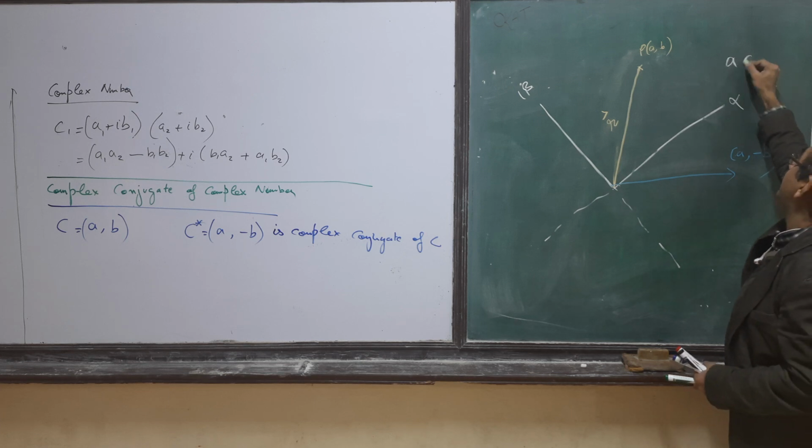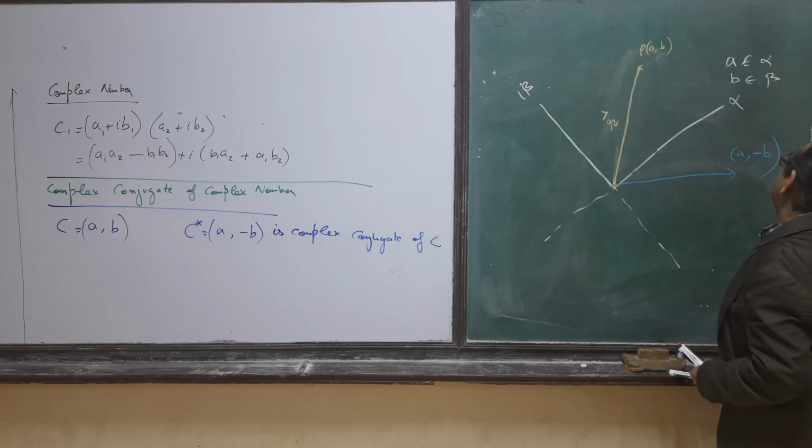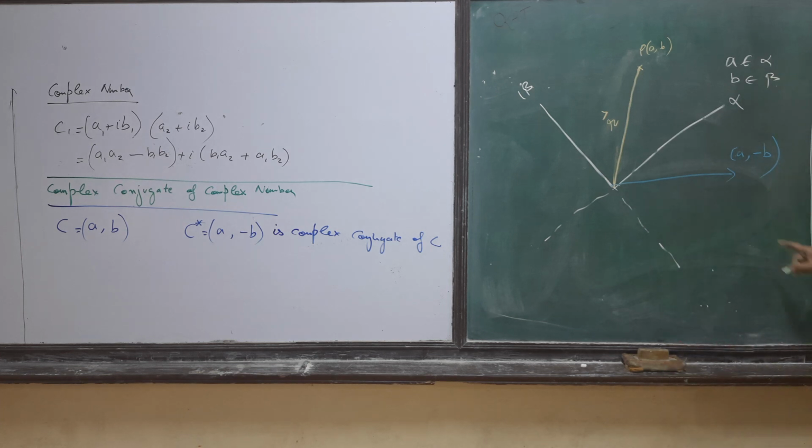In the four quadrants: A and B both positive; A negative, B positive; A and B both negative; and A positive, B negative.